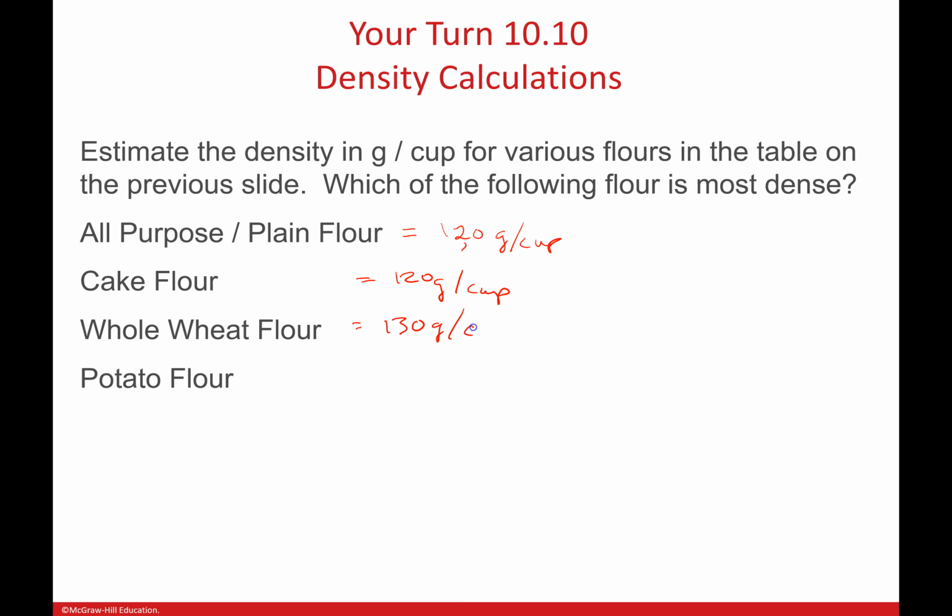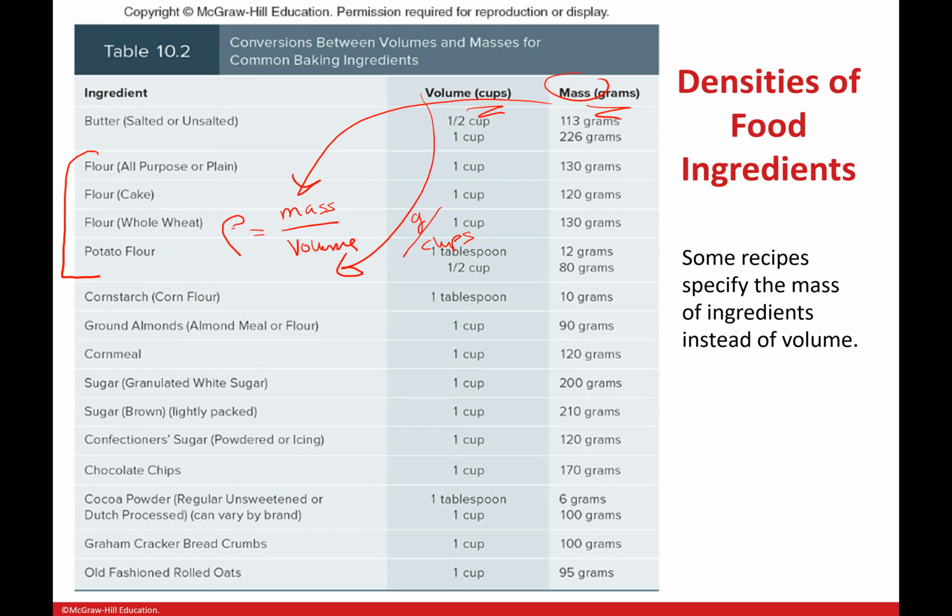Taylor, what about potato flour? Is it half a cup and a tablespoon? Well, the half a cup goes with 80 grams, and the tablespoon goes with 12 grams. So for the half a cup, 40 grams. If you're going to increase it, then you're going to increase this cup too.